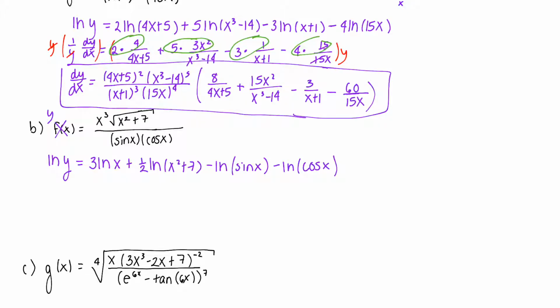To talk about quickly where all these came from, the x cubed became the 3 ln x. This is being raised to the 1/2 power, so the 1/2 comes down in front and the inside stays the same. Both of these are factors in the denominator.